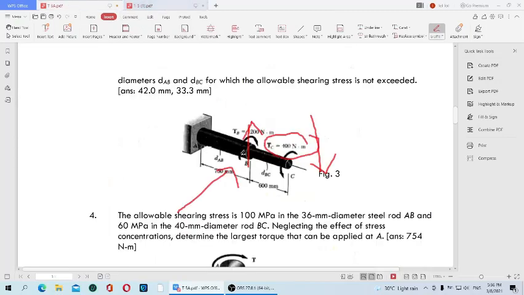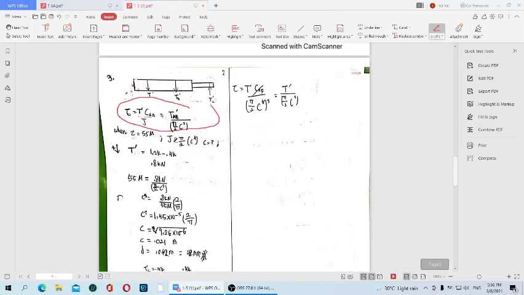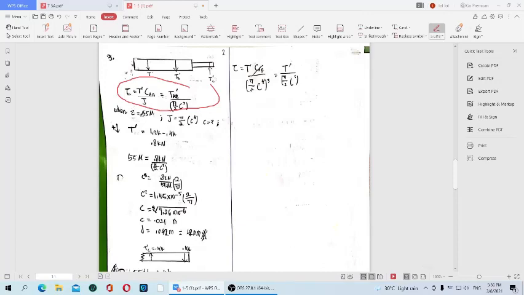This shaft is given the tau, which is the allowable shearing stress, not to exceed 55 megapascal. So this object will not fail as long as the shearing stress does not exceed 55 megapascal.